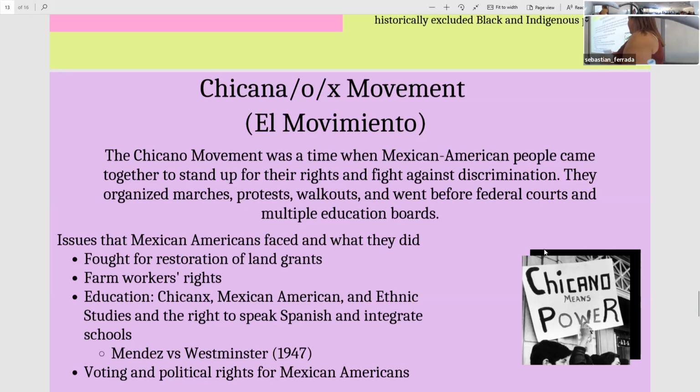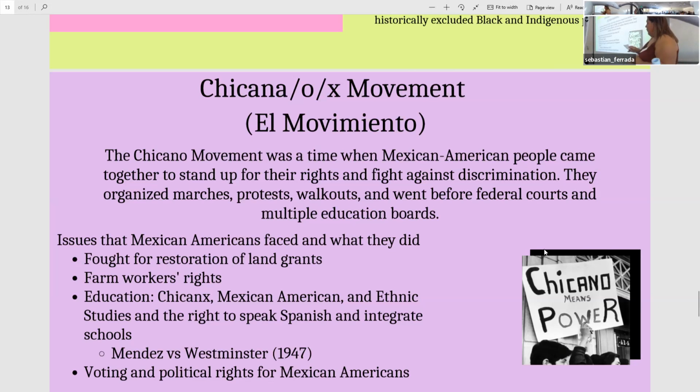And one thing that I learned this semester, and I'm very proud of, is about the Mendez and Westminster case of 1947, which helped pave the way for desegregation in schools. It also helped with Brown versus Board of Education, which ultimately led to desegregation in schools.